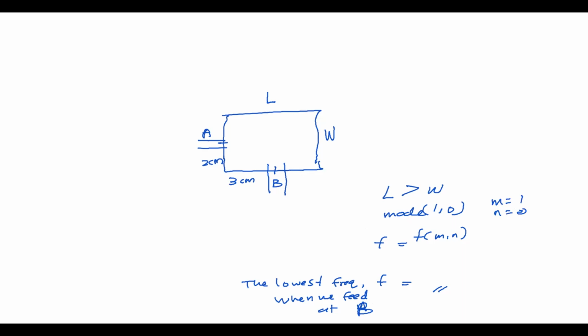In the next part of the question, we are asking what the electric field distribution is once you feed the wave in the A position. We have a coordinate system that we consider in this scenario.